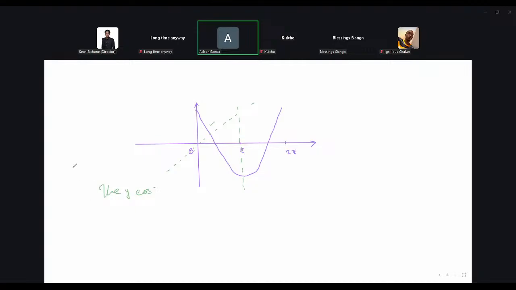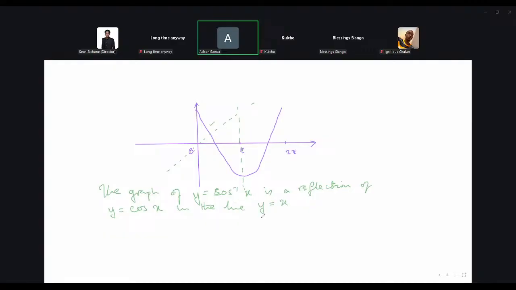Right, so let me put this formally and properly. The graph of y is equal to the cosine inverse of x is a reflection of the graph y is equal to cosine of x, again in the line y is equal to x.